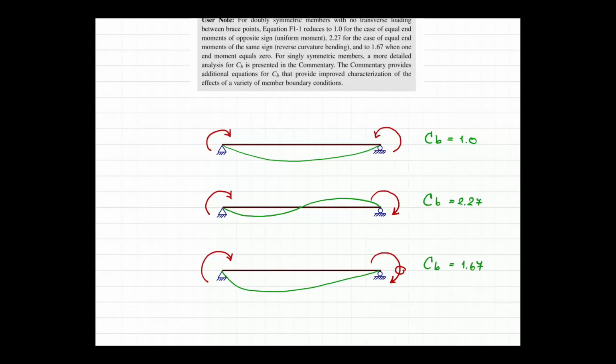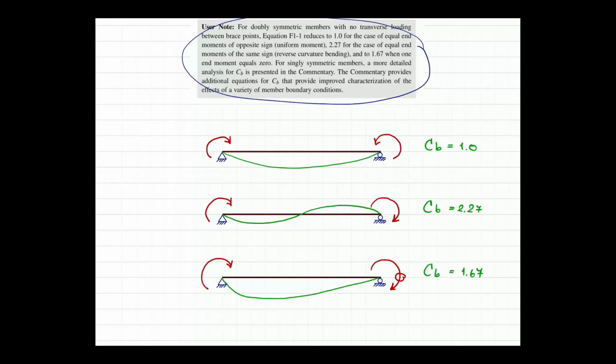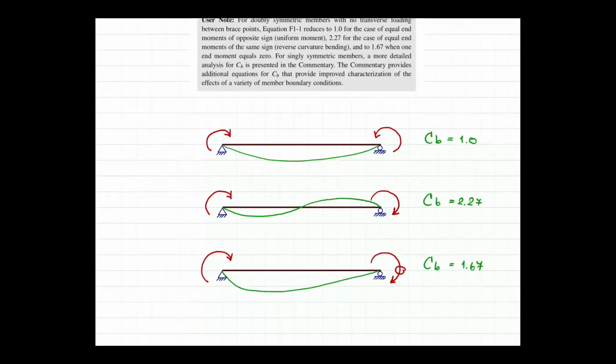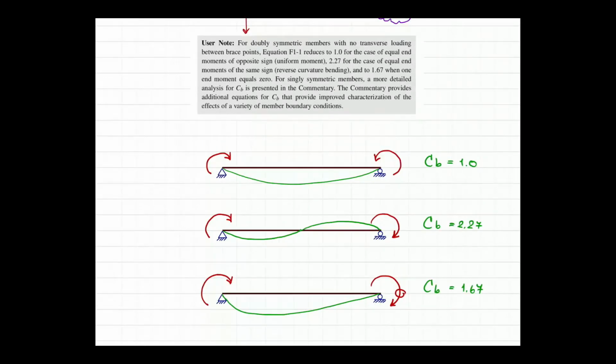And another case, which is given here, is explained in the figure below. The last one is a case where you have the bending moment on one side and the other side is left free. So this case is given by Cb of 1.67, which is 5/3. Actually, for the first case, the cantilever beam is also counted in.